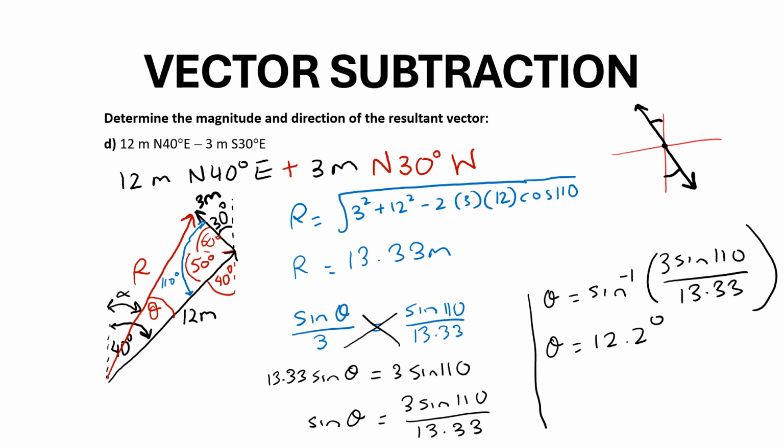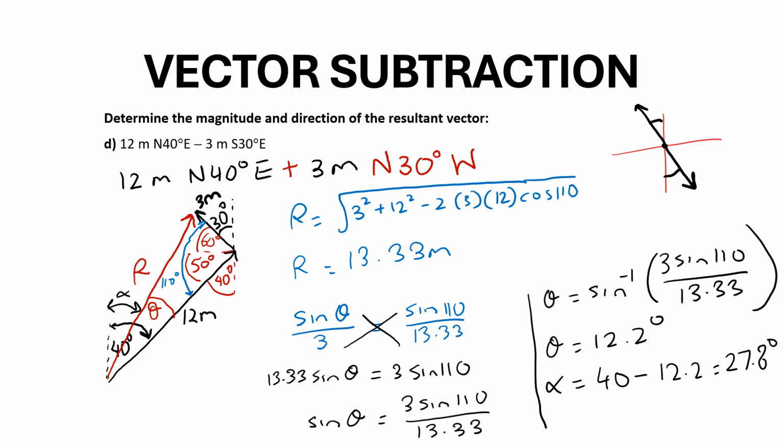So what is alpha? Alpha equals 40 degrees minus theta. So 40 degrees minus theta, theta equals 12.2. This equals to 27.8 degrees.